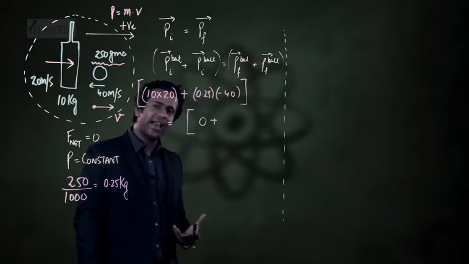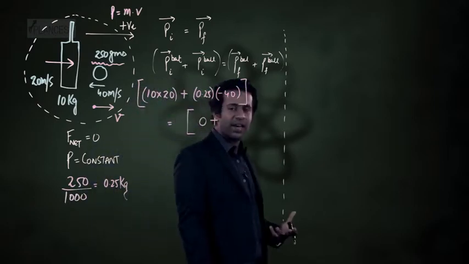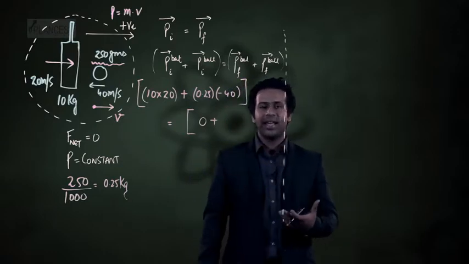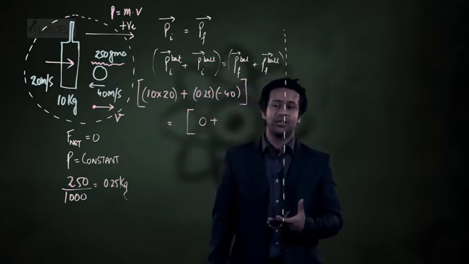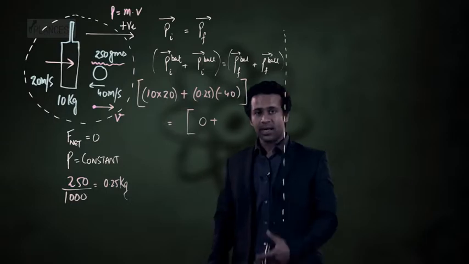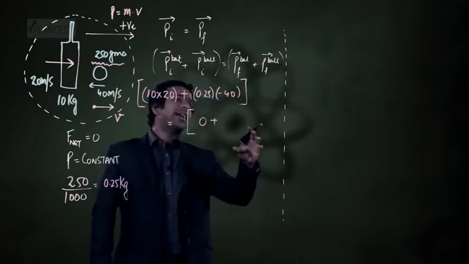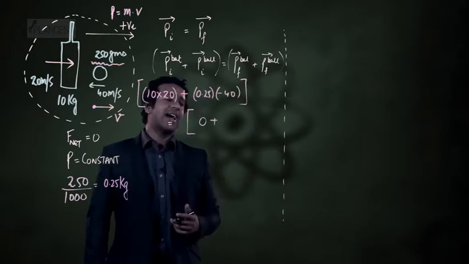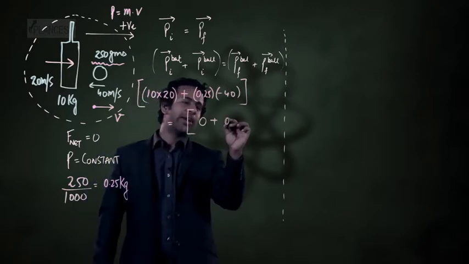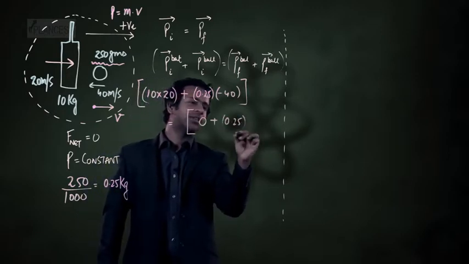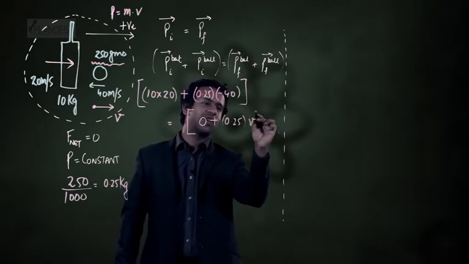If finally I get my answer as a negative value, it would automatically indicate that my assumed direction was wrong. Right. So the final momentum of the ball will be written as its mass, which is 0.25, into the final velocity, which we have taken as v.